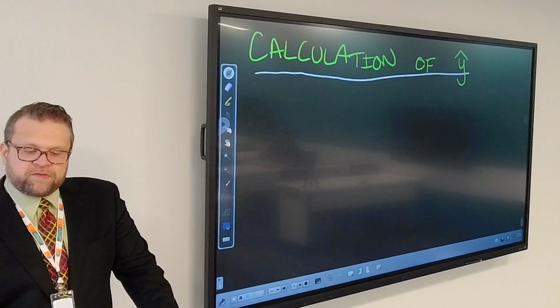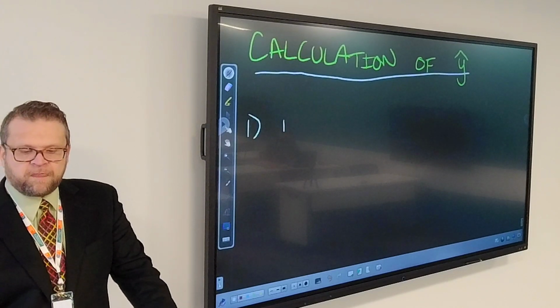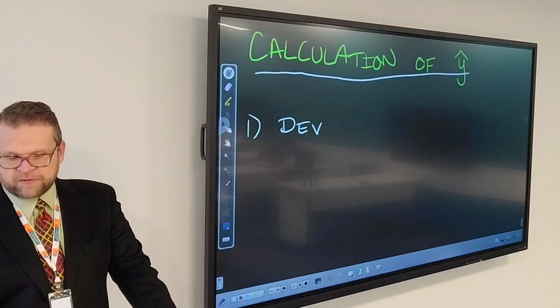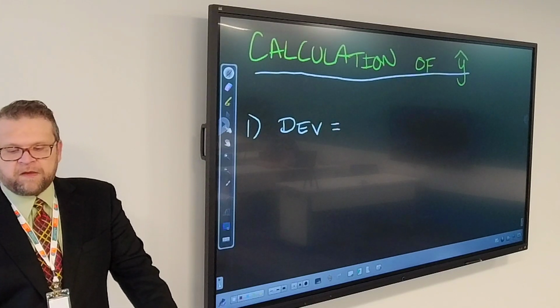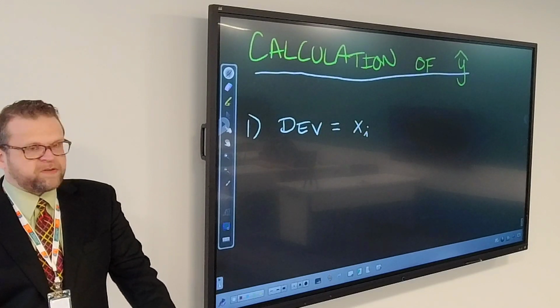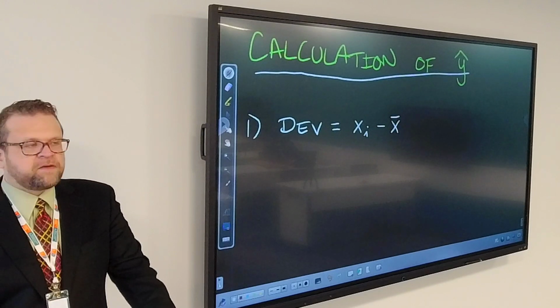Well, it starts off with deviation. We know what a deviation is. The deviation is, I pick some point from the data set, I subtract away its mean.